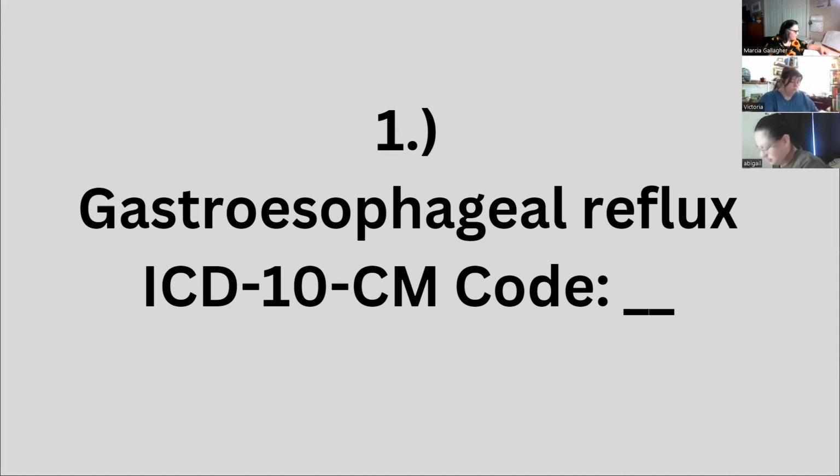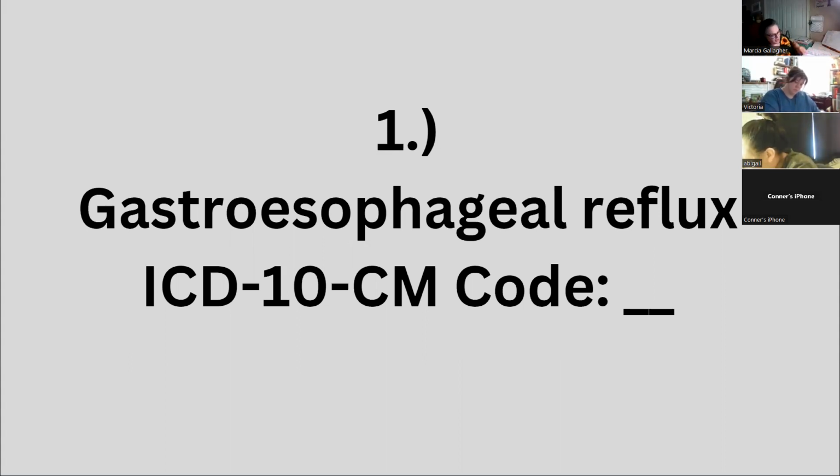So we have reflux K21.9, then acid K21.9, and then it says esophageal K21.9. Then we go down, it says gastroesophageal K21.9. Boy, we have a lot of K21.9s, don't we? Now we're just going to check it in our tabular because we always code two ways.